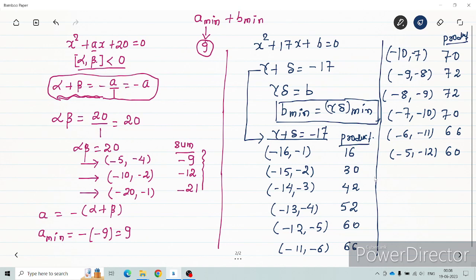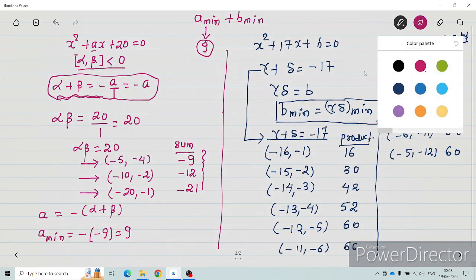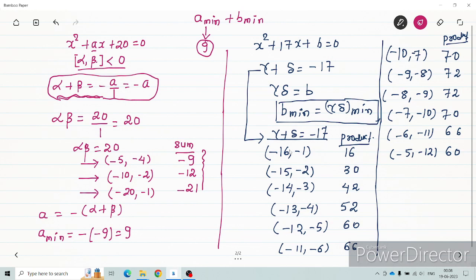Now you can clearly find that out of these so many combinations, this product is the minimum. So this is the minimum value of the product of the two roots. It means the possible values of gamma and delta are minus 16 and minus 1.